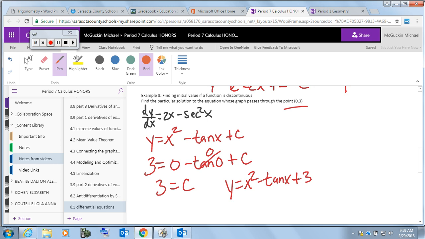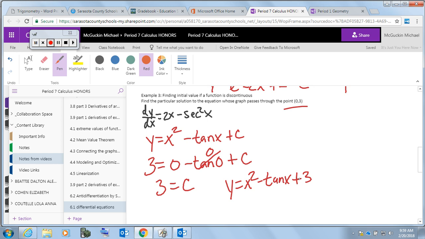This is in general with no stipulations, but we know that tangent has restrictions over a particular interval. And so (0, 3) only shows us the continuous piece of our general solution from negative pi/2 to pi/2, our restrictions on tangent.